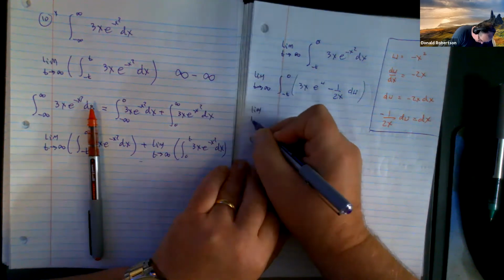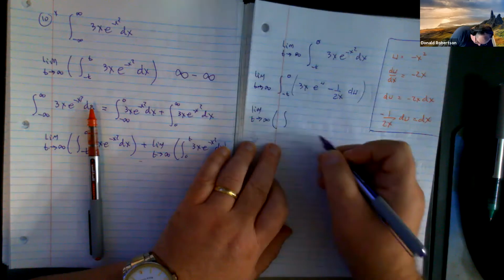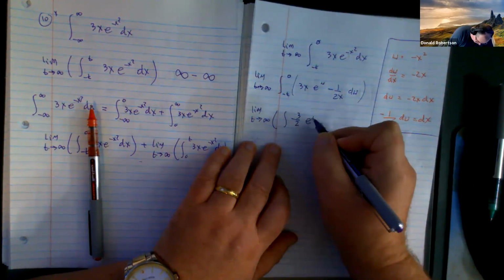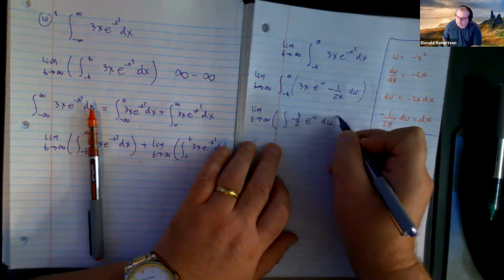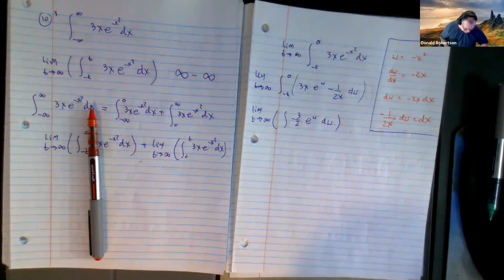When you do U subs, don't put those guys in for a little while. So it's going to be negative 3 over 2 e to the u du. Agreed? Negative 3 halves e to the u.